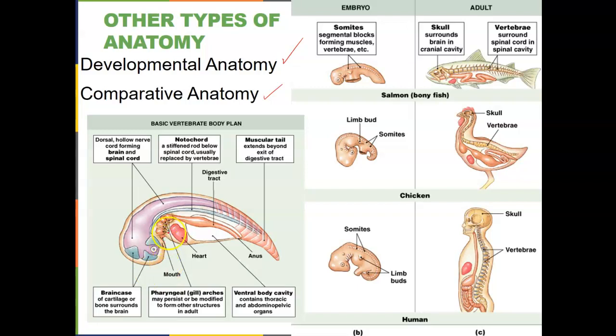So for example, we have a mouth, there's a heart that starts developing in the central part of the body, pharyngeal gill slits that become part of the respiratory system, pharyngeal gill slits right here. There's a notochord. The notochord is a really stiff rod, but it does not differentiate into the spinal cord. The spinal cord actually starts right here, the dorsal hollow nerve cord, which will become part of the brain and part of the spinal cord.